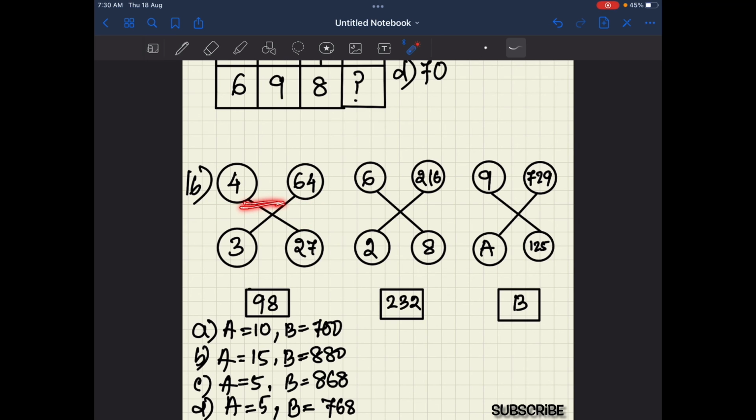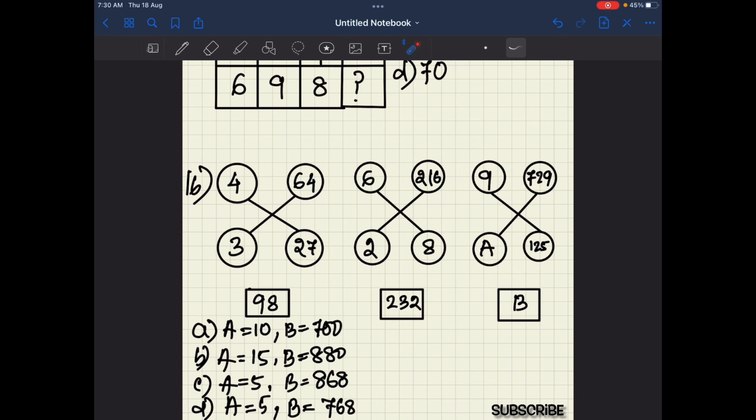Let's add it. 4 plus 64 is 68, 68 plus 3 is 71, 71 plus 7 is 78, 78 plus 20, it is 98. Yes, we are getting the sum, it's 98. 2 plus 8 is 10, 10 plus 6 is 16, 16 plus 16 is 32, so it is 232. Yes, it's nothing but the addition of all the numbers.